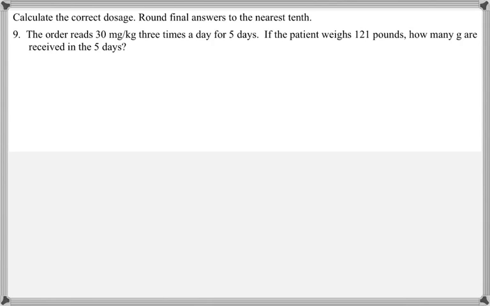So let's start with the weight. And 121 divided by 2.2, and we get 55. So then we need to set that up in a proportion with the 30 milligrams per kilogram.